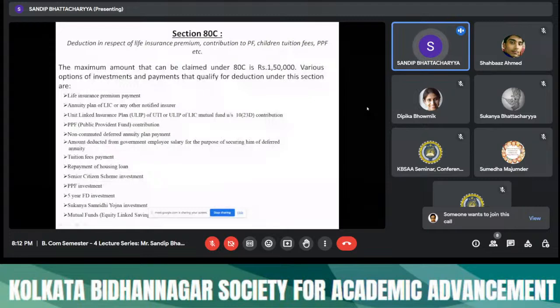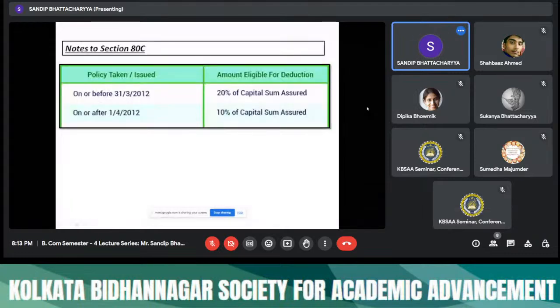If you invest any fund under the ELSS scheme, which is under the coverage of mutual funds, you will get the deduction under section 80C. So under section 80C, these are the defined provisions or these are the different payments you can claim under the Income Tax Act 1961.